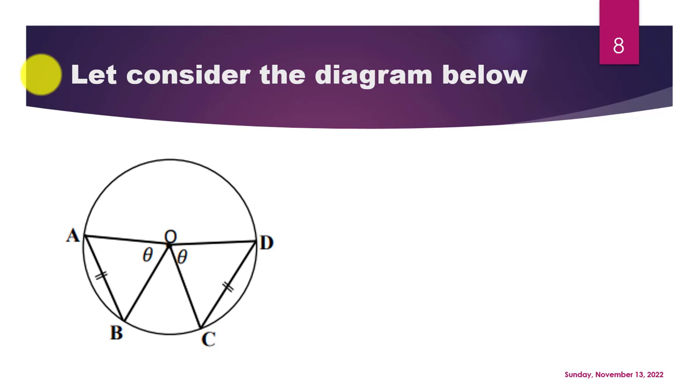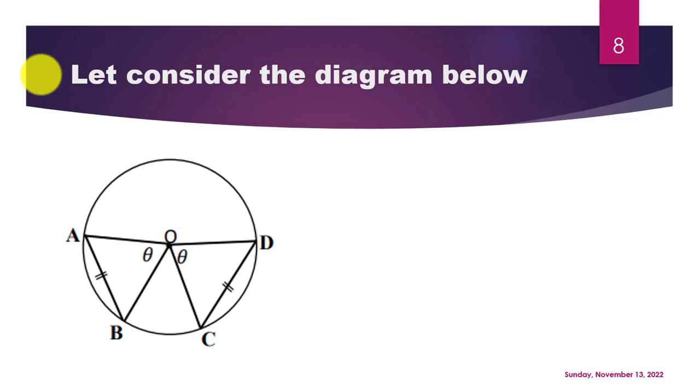We have chord AB and chord CD. Take note, the lines OA, OD, OC, and OB are radii.